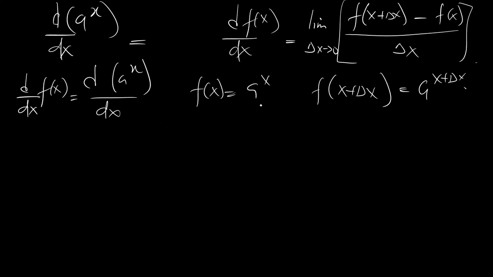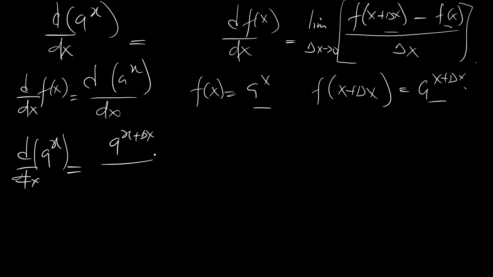Now, substituting this expression into this equation, we now have the derivative of a raised to power x is equal to a raised to power x plus delta x minus a raised to power x, divided by delta x, the limit when delta x tends towards 0.